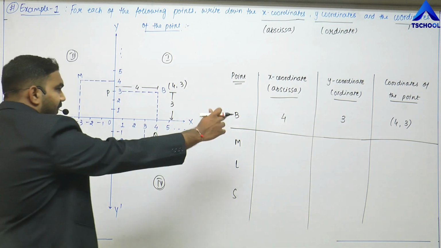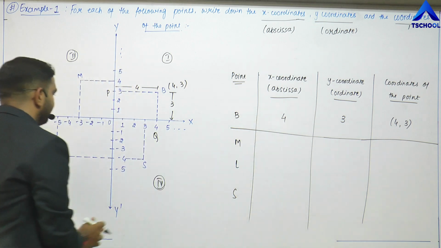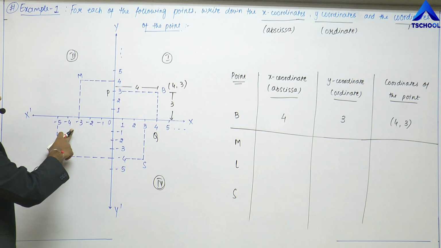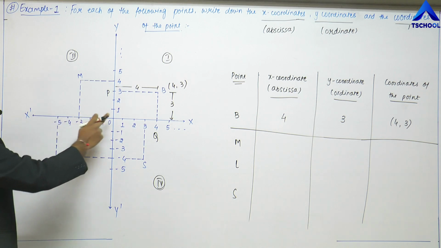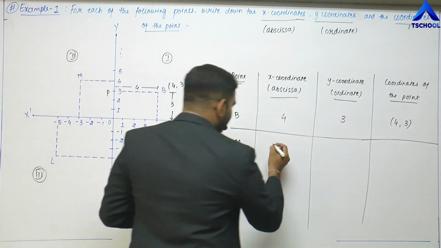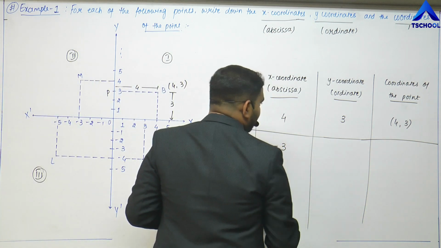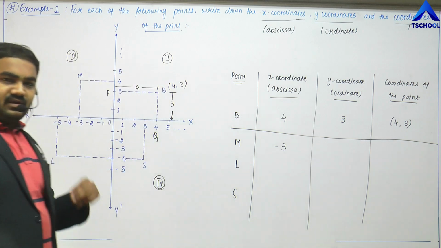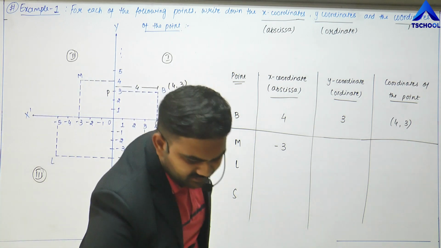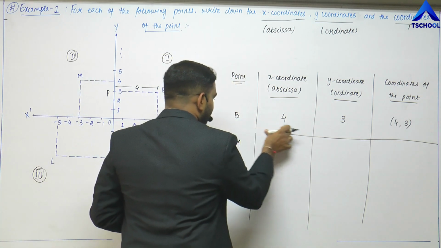So the x coordinate of point M, that is the perpendicular distance of the point from the y-axis measured along the x-axis, will be -3 here. Distance will be positive, but as it is measured along the negative x-axis, it will be minus, so that is -3 here. Is it clear, friends?